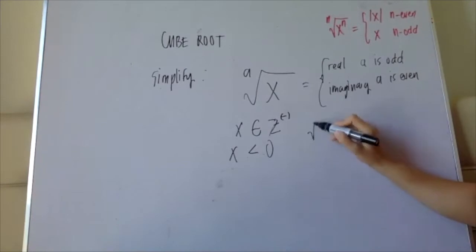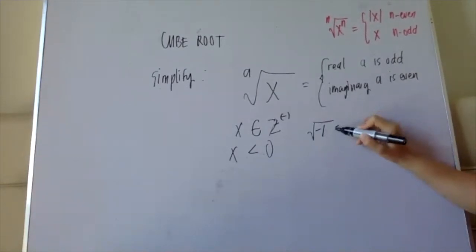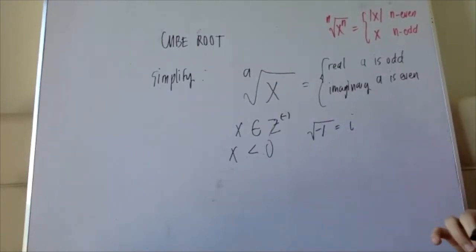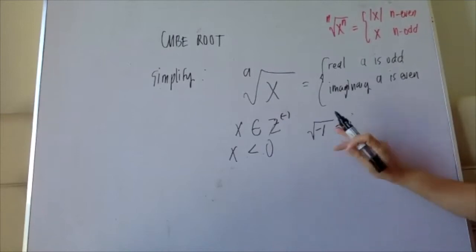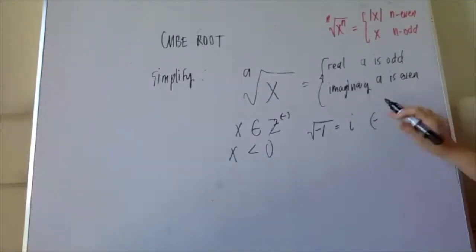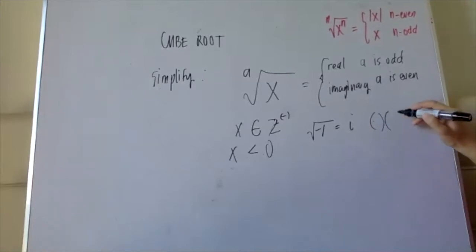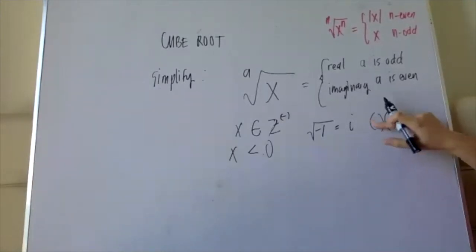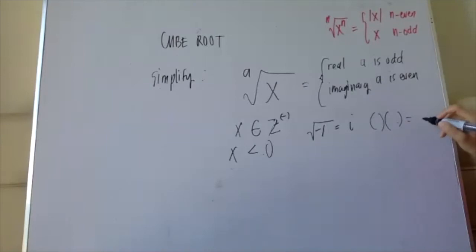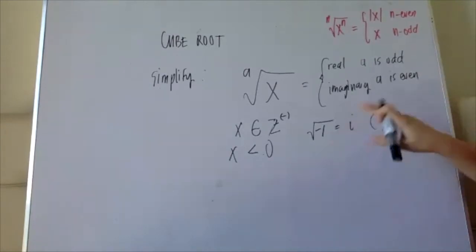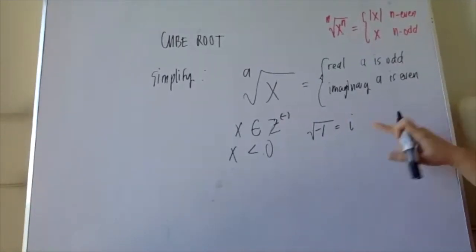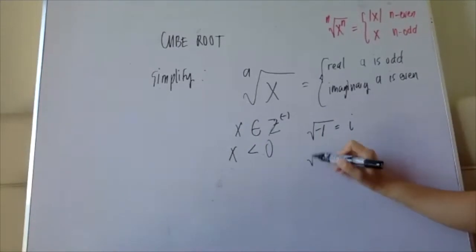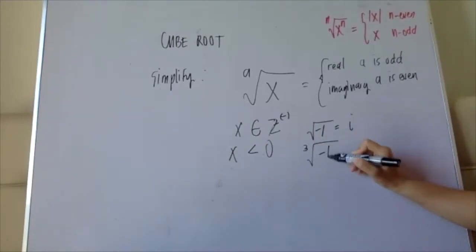Kasi for example, square root of negative 1, we know that this is equal to i. Okay? Kasi wala ka namang i-multiply na two numbers na pareho that will give you ito. So, imaginary number siya. How about if I have cube root of negative 1?